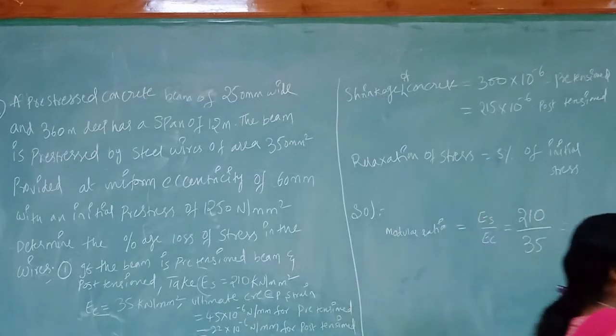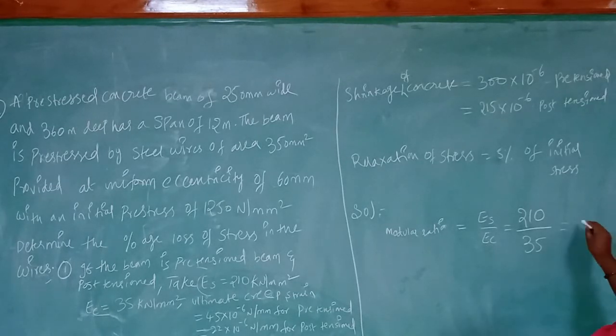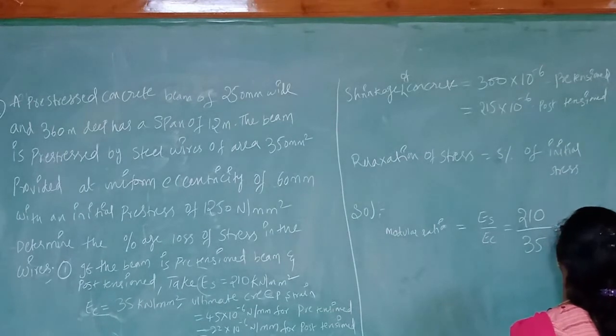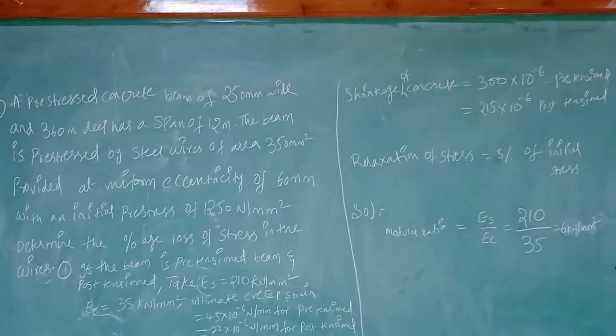So what is the answer here? 210 by 35, please carry your code book. It is 6.